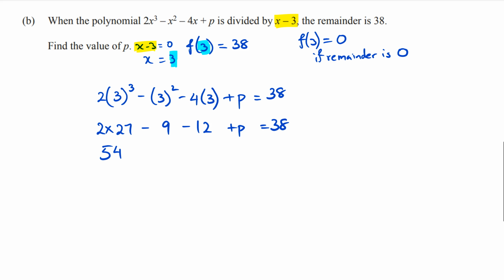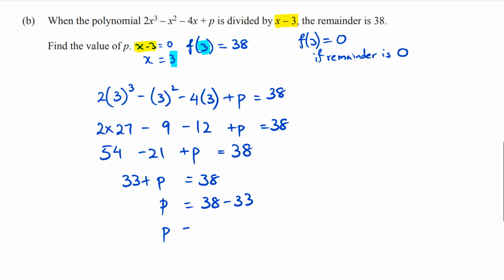Combining all together, 54 take away 21 plus p equals 38. This is 33 plus p equals 38. And we can see that p is equal to 38 take away 33. So p is equal to 5. That's all for this question, which also gets you a grade of achieved.